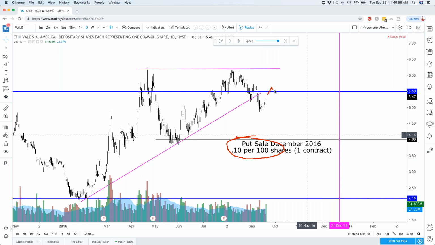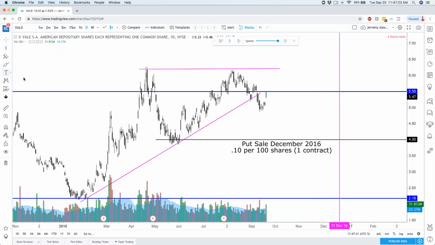And if it's not above 4 and it comes all the way down here and closes at 4, then I'm going to buy some shares of VALE. Then I'm going to play it neutral by turning around and selling covered calls, trying to get called away, and doing a longer term approach, a little more of a neutral strategy. Because again, if there's not an obvious trend, there's no reason to play it directionally.